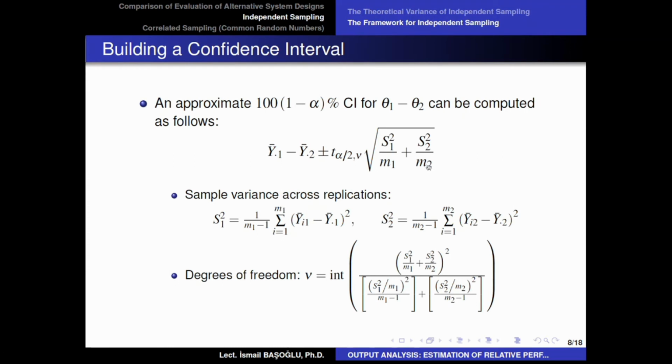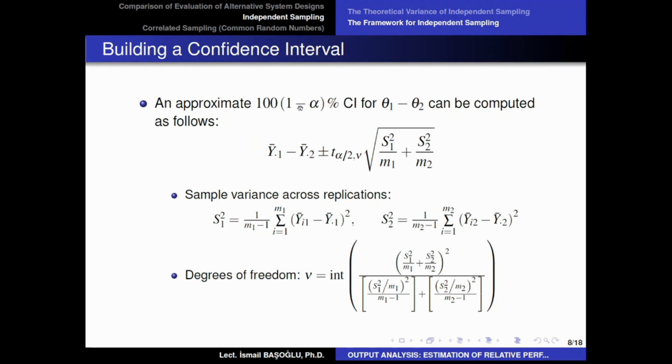M1 and M2 are respectively the number of replications in each system design. So we take the square root of these values, so variance of system design 1 divided by M1 plus the variance of system design 2 divided by M2, and we have a T quantile here.